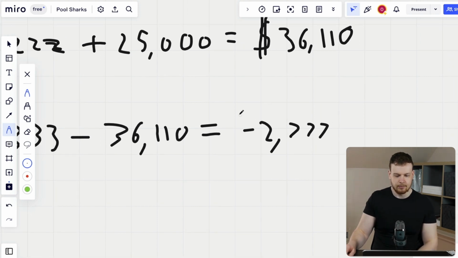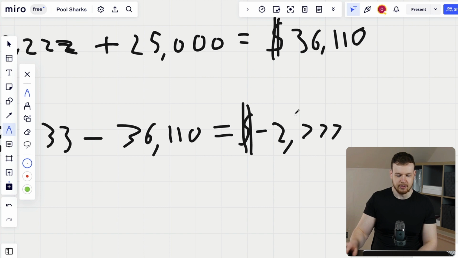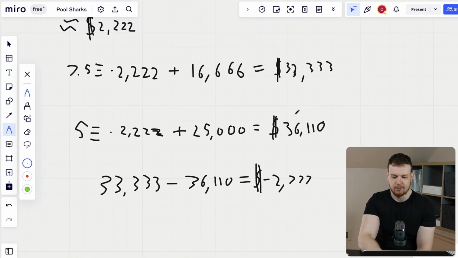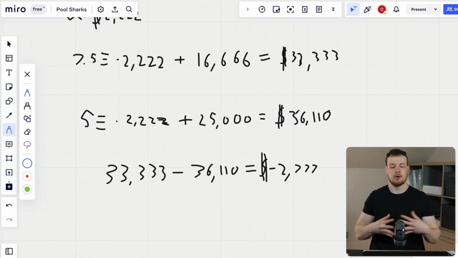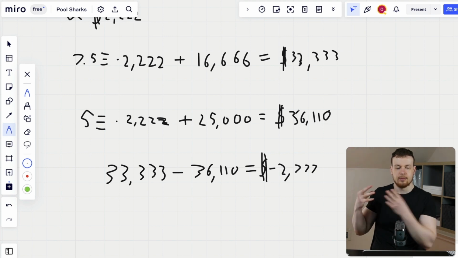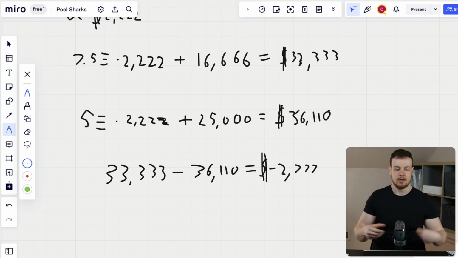And so we have lost essentially $2,777 by LPing rather than simply having these two assets, the 5 Ether and 25,000 DAI, and just holding them.